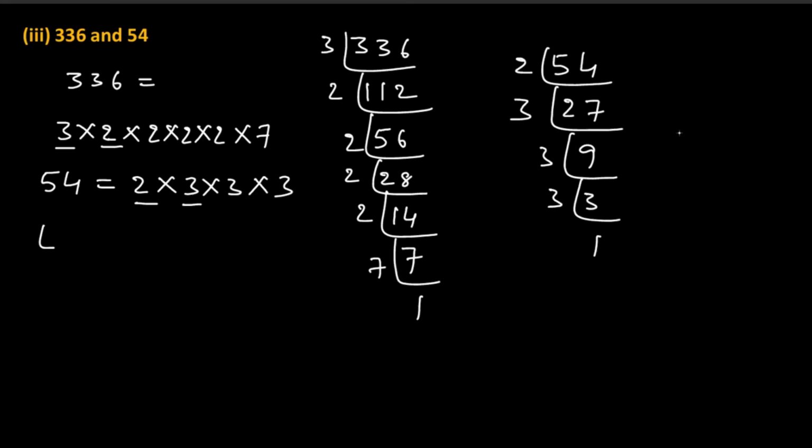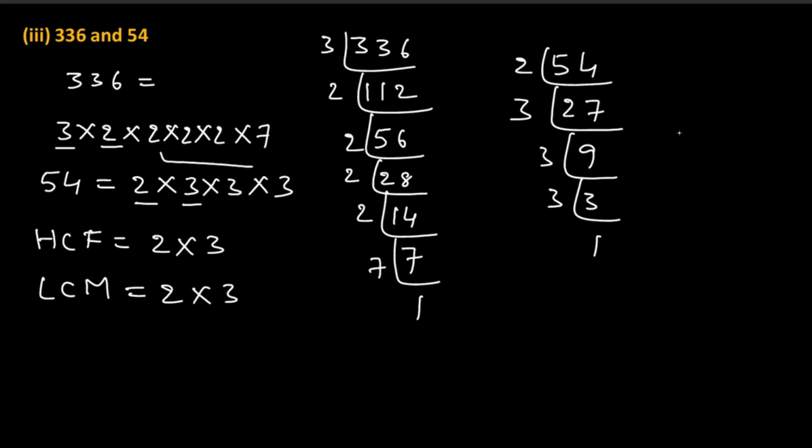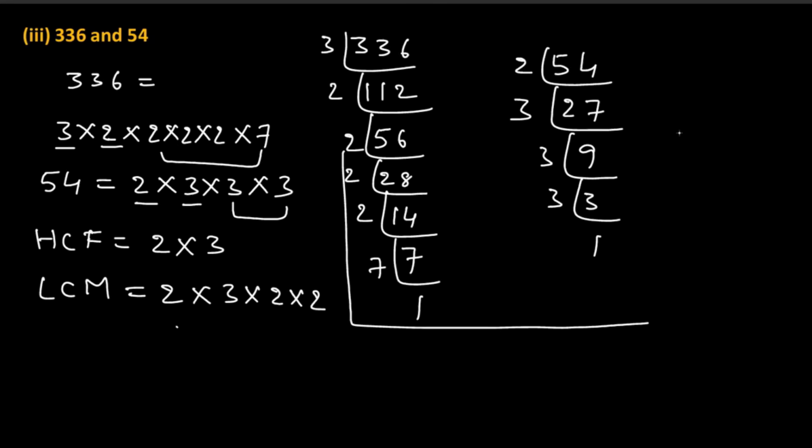So can we write the HCF now? HCF is equal to 2 into 3. Only two common factors are there. What is the LCM? Along with the common factors, write down the remaining factors. 2 into 3 into 2 into 2 into 2 into 7 into 3 into 3.